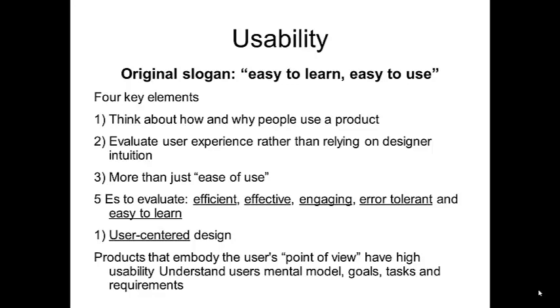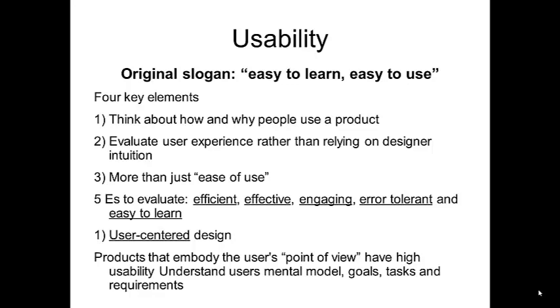The idea of usability has expanded from just ease of use to cover what's called the 5 E's, the 5 things that you should evaluate to measure how usable your software is. Those 5 E's are its efficiency, its effectiveness, how engaging it is, how attractive it is for people to use, how error tolerant it is, and how easy it is to learn.